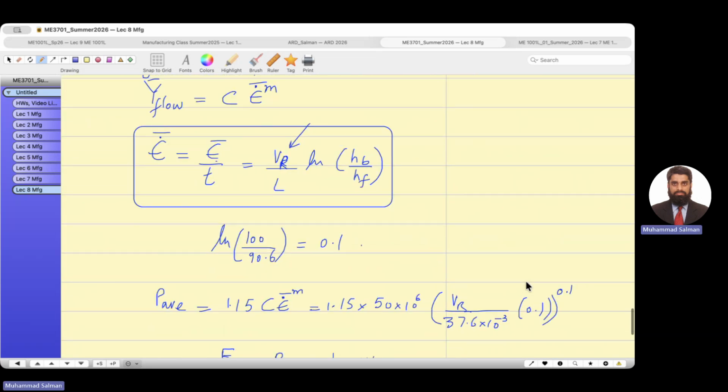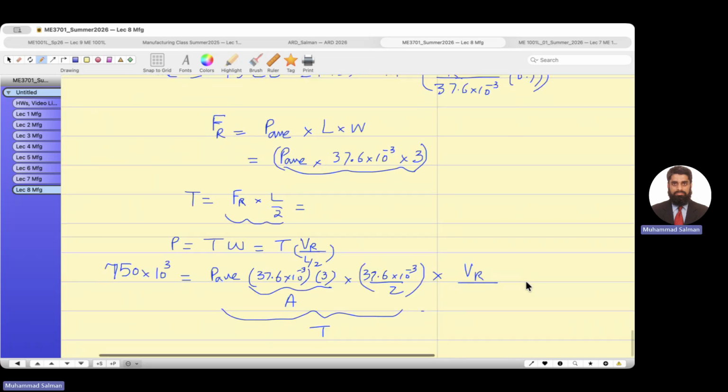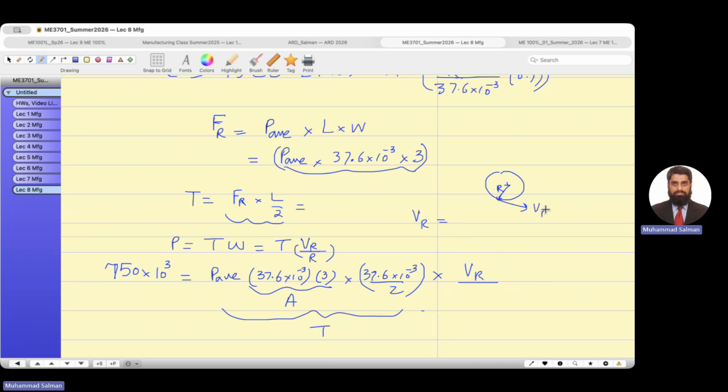Sorry, not L by 2, but R. Here there is a little bit of error. Can you fix this error? VR over R. Because V roller, the tangential speed of the roller, is nothing but R omega. I wrote down R, but now I'm fixing it.